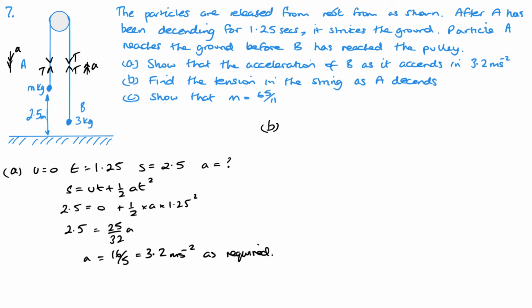Now, B, we need to find the tension in the string as A descends. So I missed out part of this question just about the smooth pulley and so on, just because it was too big to write it all down. But the tension of the string is going to be the same on both sides.